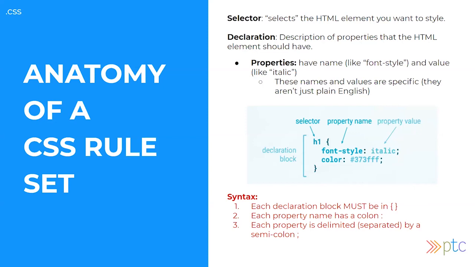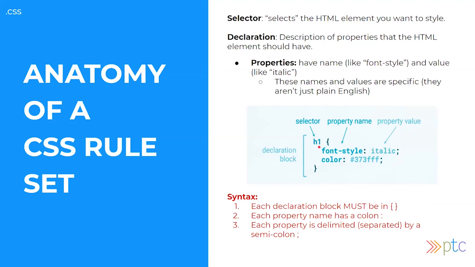For example, in the slide we have here, we want to select the heading with the number one priority. As you can see, we have the H1, and that's essentially the selector. When we have this selector, it refers to all of the H1 headings in the document.